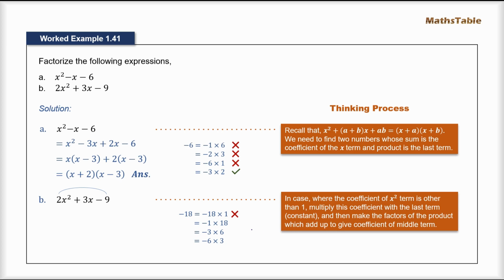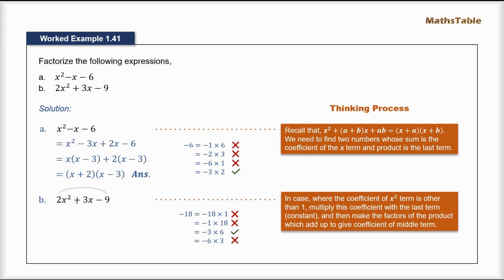so rejected. Second combination gives us minus 1 plus 18, plus 17, still of no use to us. But in the third combination, minus 3 plus 6 gives us plus 3, the same exact number which we need. So this combination applies in our case. And in the last combination, minus 6 plus 3 gives us minus 3. So this is rejected as well.